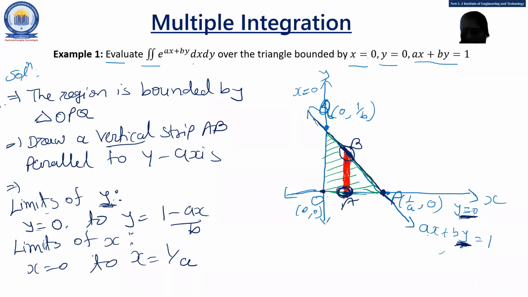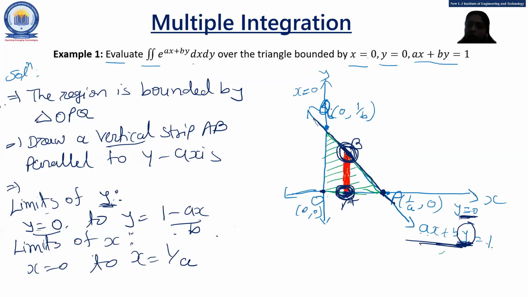From this line, if I take y as the subject, y equals what, student? y = (1 - ax)/b. So my starting point is y = 0 and my ending point is y = (1 - ax)/b.